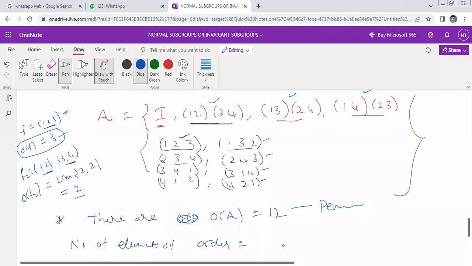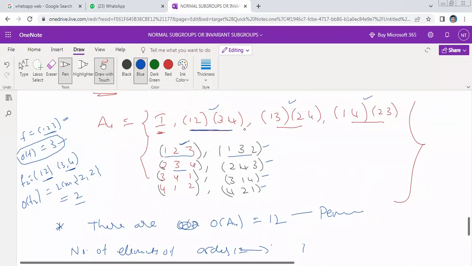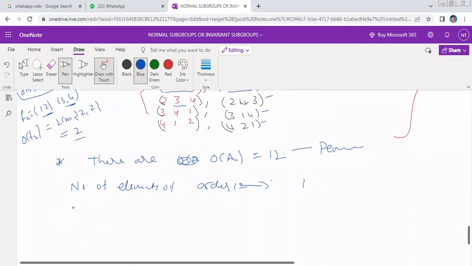Order 1, only one, that is the identity permutation. Number of elements of order 1 is 1 only. Order 2? 3. Yes. Number of elements of order 2 is 3.